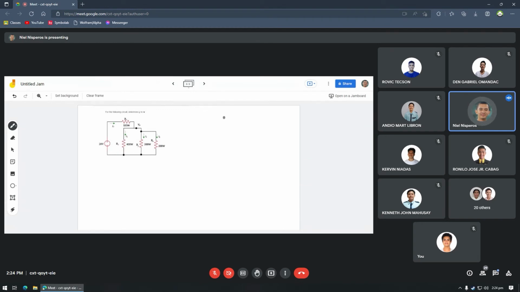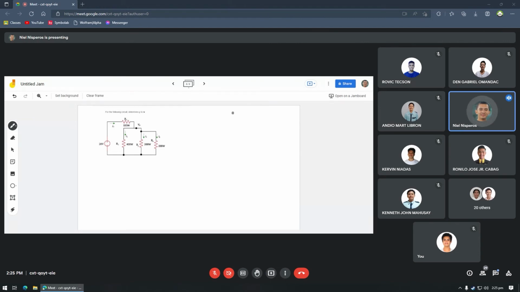Okay, so next, this one. Actually, this is a combination circuit. So we have 3 resistors connected in parallel, and then once we get the total of the three, they will be connected in series with the R1. The R1 is 320 ohms.